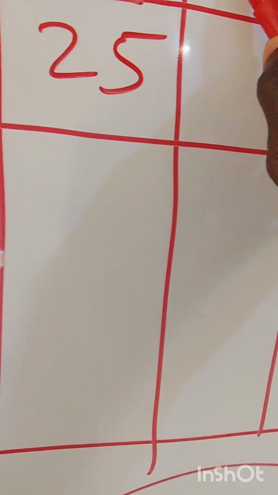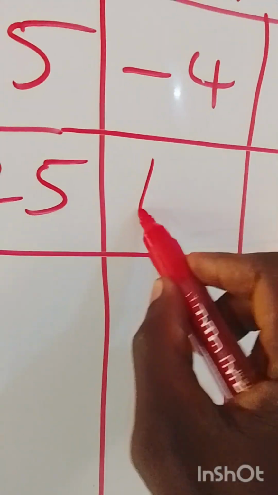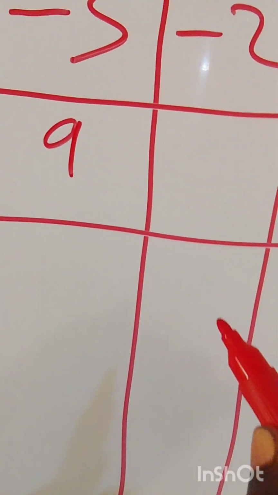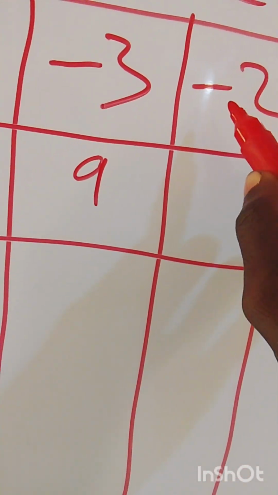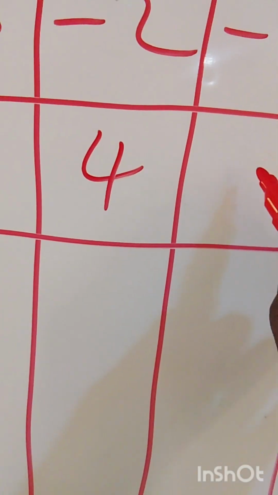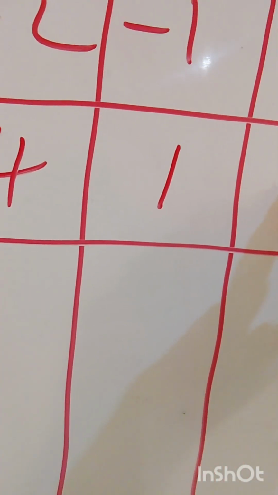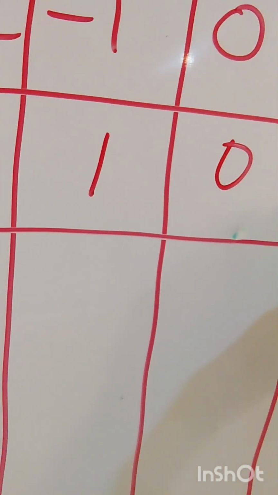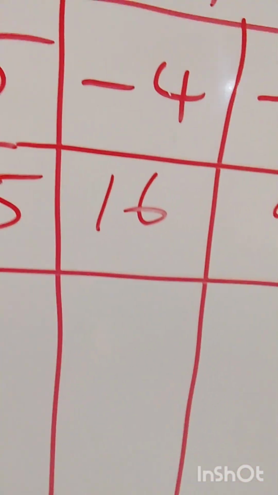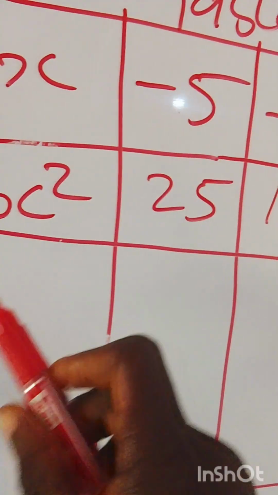Now, the square of minus 4 is 16. The square of minus 3 is 9. The square of minus 2 is 4. The square of minus 1 is 1. 0, 1. Now we have gotten the column for x square.